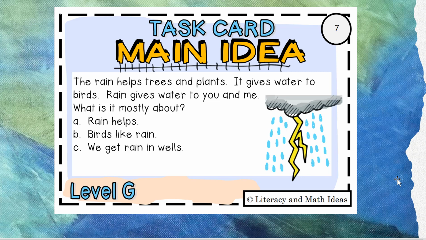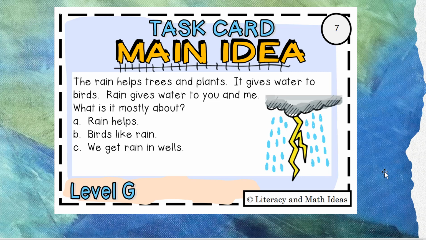What is it mostly about? What did most of the sentences here talk about? Did it talk about A, rain helps, B, birds like rain, or C, we get rain in wells? Well, the correct answer is A. We notice that each of the answer choices has the word rain, but they don't say exactly the same thing about rain as what we're looking for.